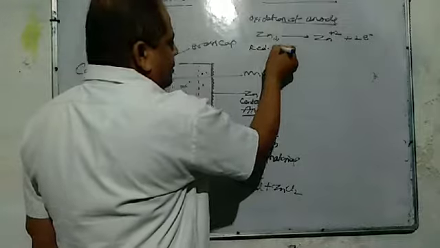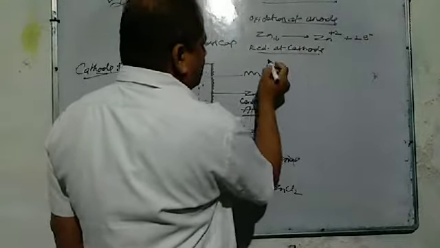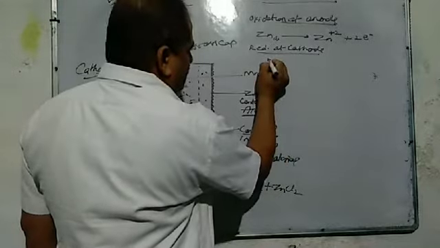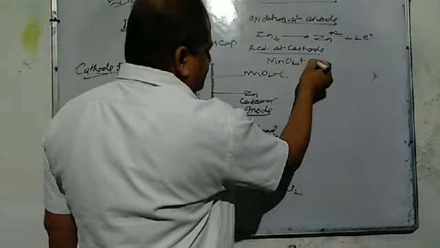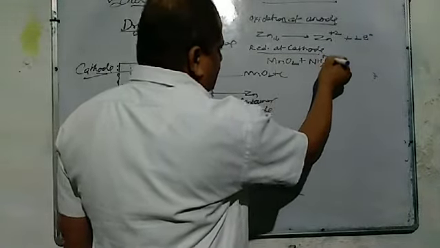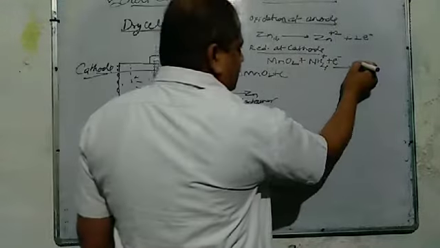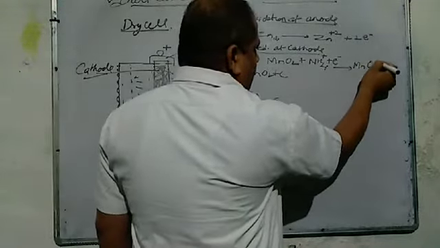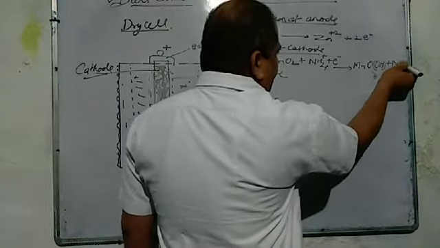Reduction at cathode: MnO2 plus NH4+ plus electron gives MnO(OH) plus NH3.